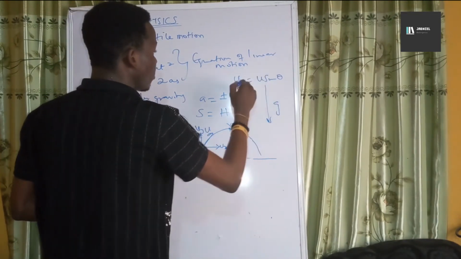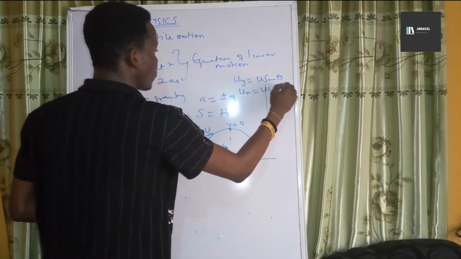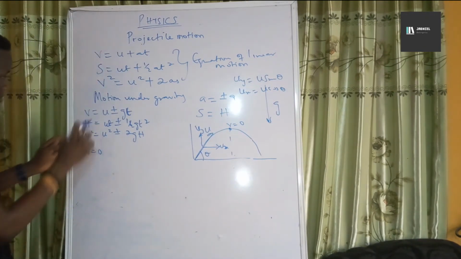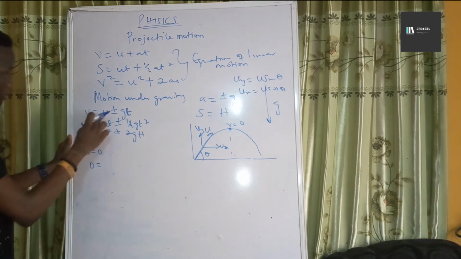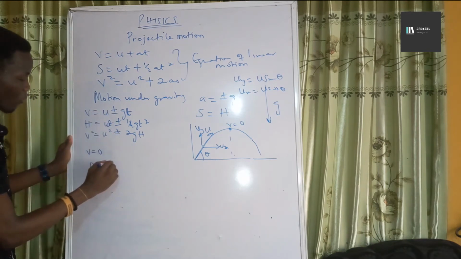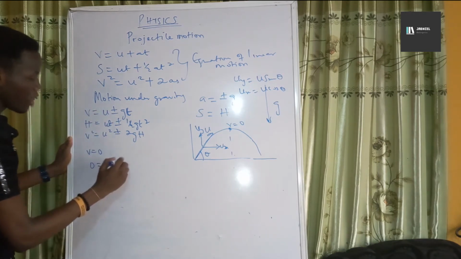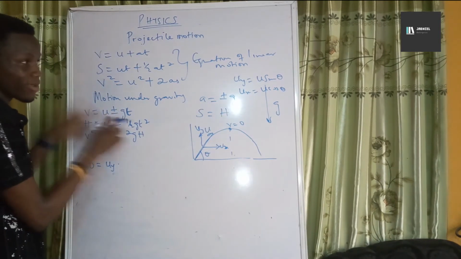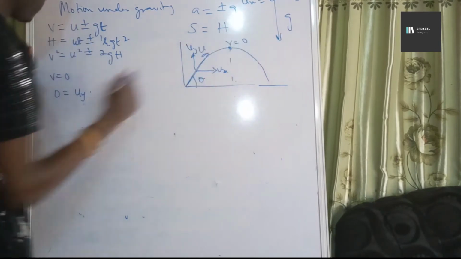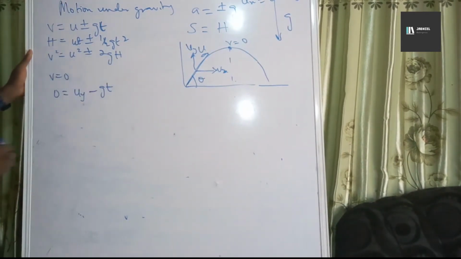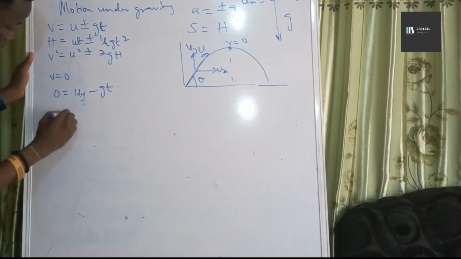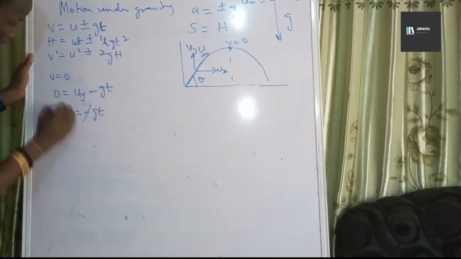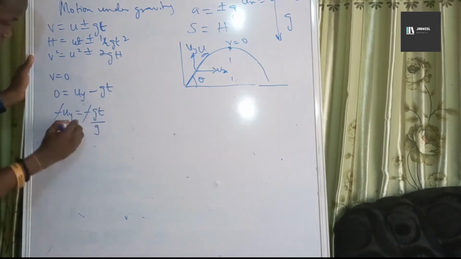So we have 0 is equal to uy minus gt, because the body is going upward, so the acceleration due to gravity will be negative, going against the initial direction of gravity. So we have minus uy is equal to minus gt. Divide both sides by g.